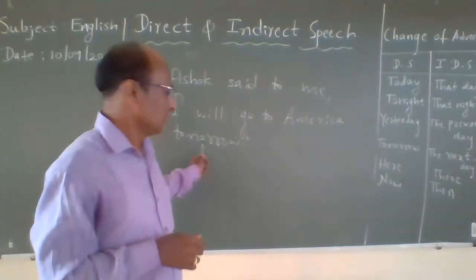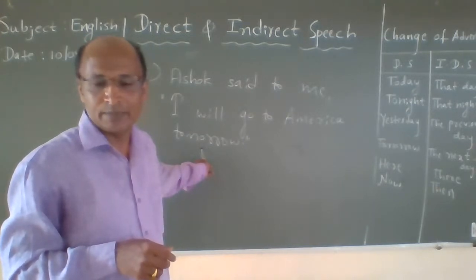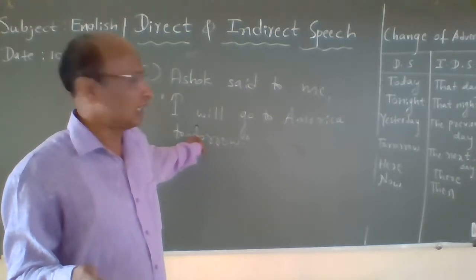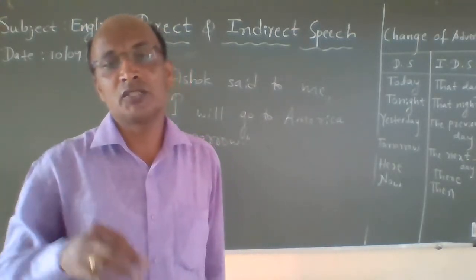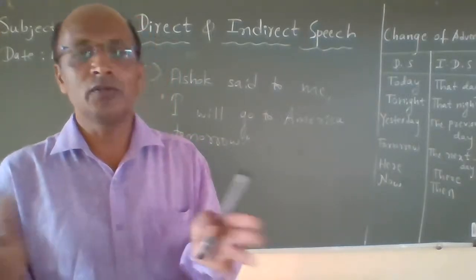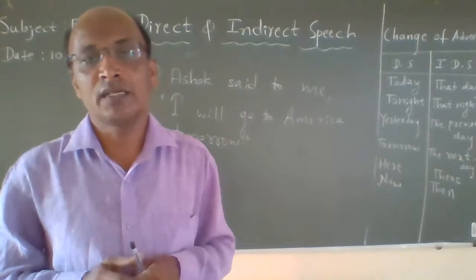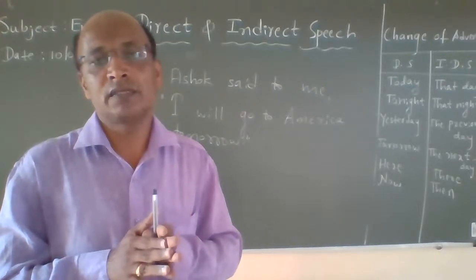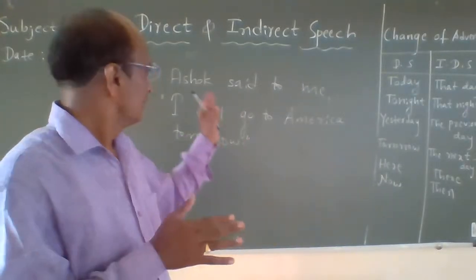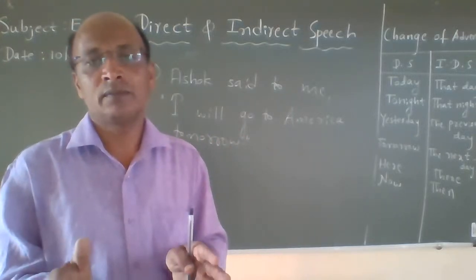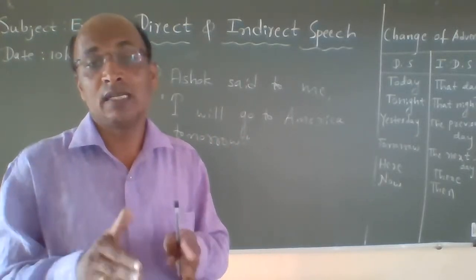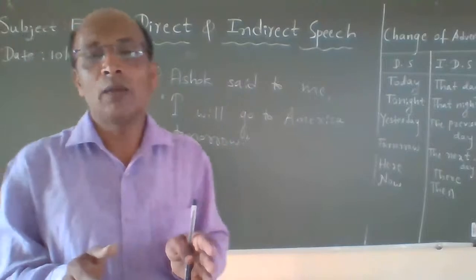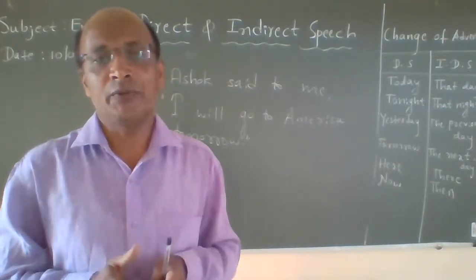Here, tomorrow is the adverb. When it comes to indirect speech, tomorrow changes to the next day. The helping verb will, a modal auxiliary, also changes. Then I change direct speech into indirect speech. Children, try to understand. The direct speech is, Ashok said to me, I will go to America tomorrow.